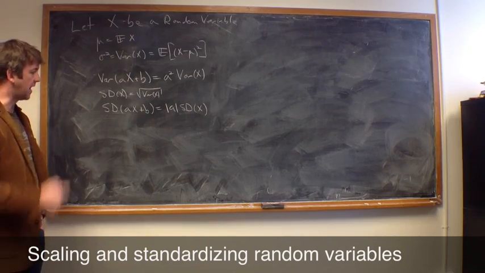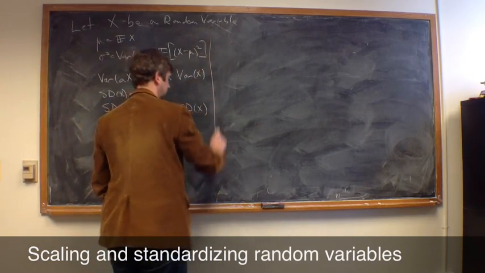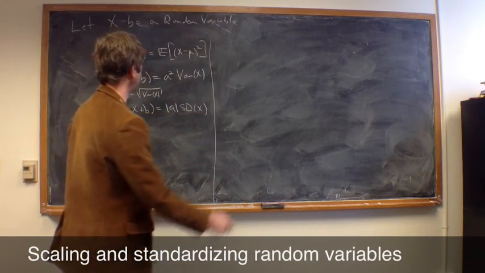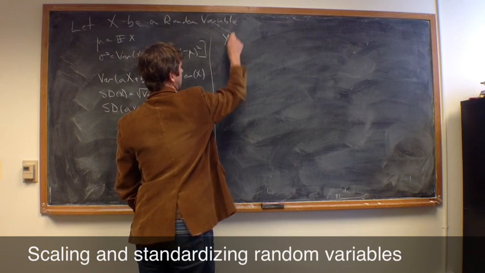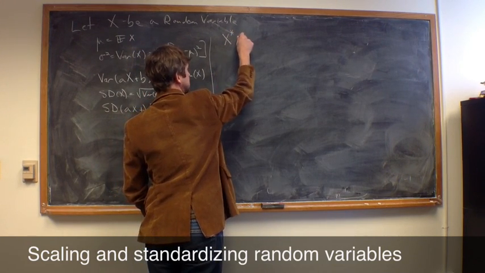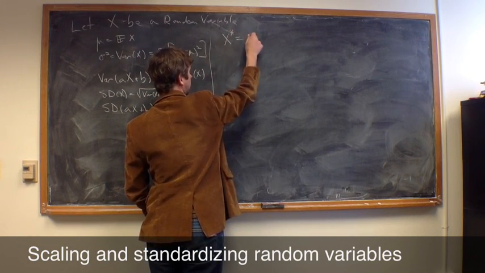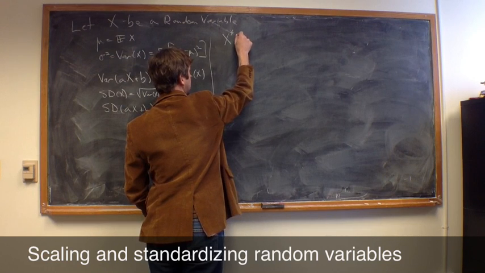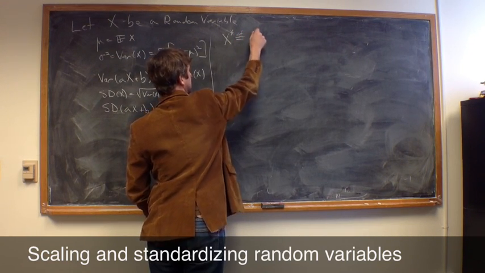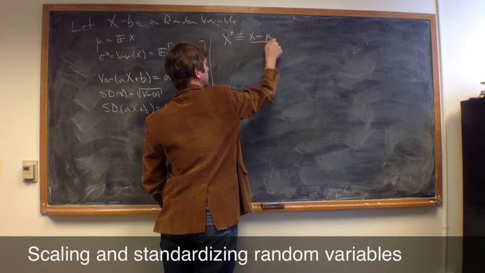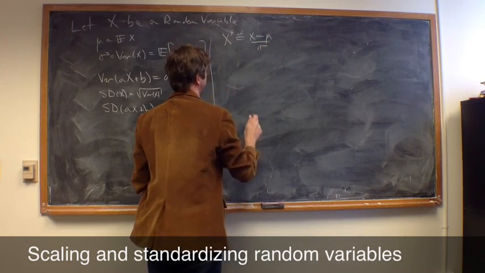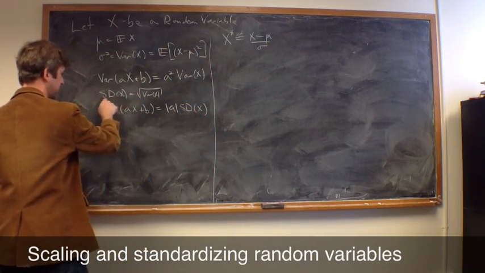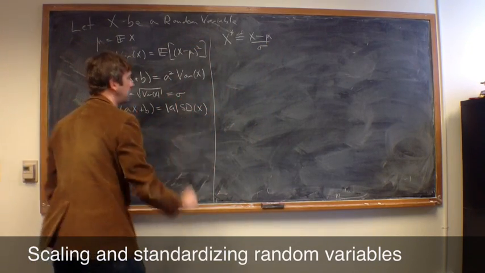Alright, now with that in mind, let's see what happens if I take any random variable and define a new random variable, x star, as x minus mu, the mean of x, divided by its standard deviation, which is just sigma.